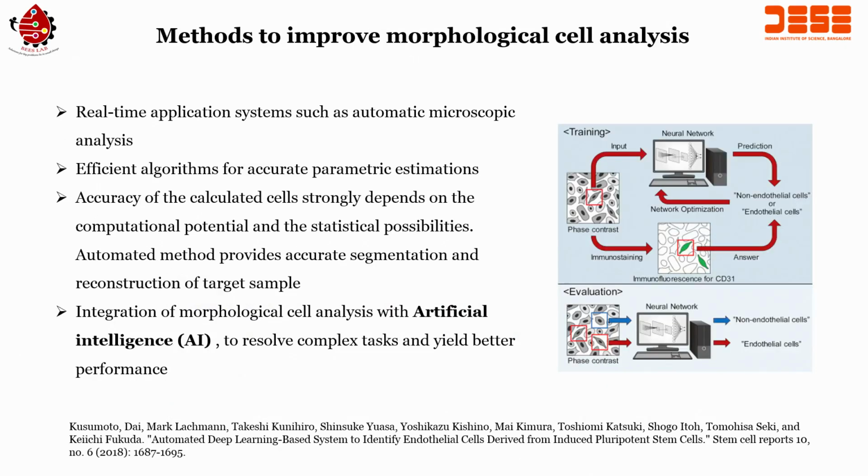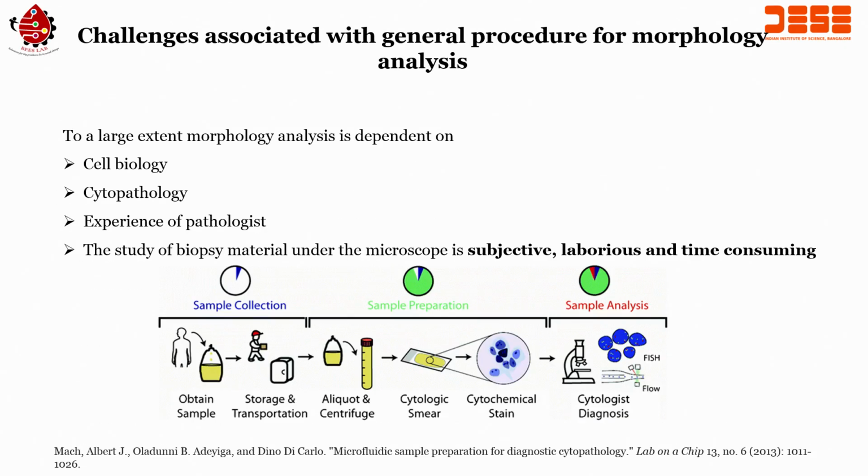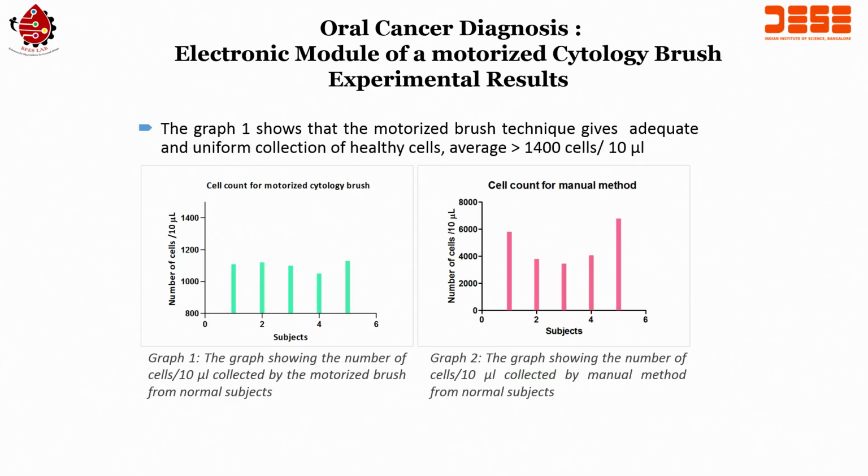If I go further, I would tell you what the challenges associated with the general procedure for morphology analysis are. But before that, let us end this particular module at this stage, so that we can go to the next module and understand the challenges associated with the procedure for morphology analysis.